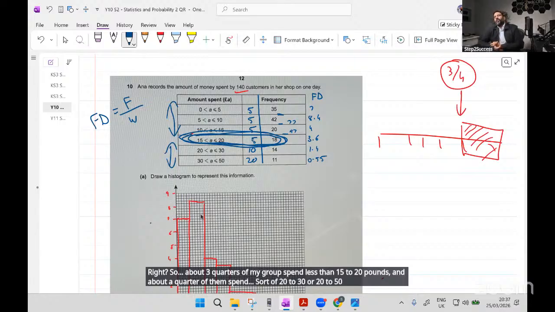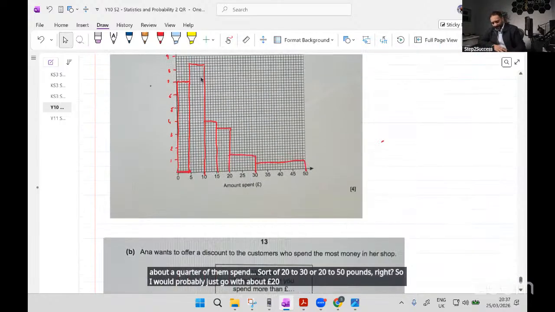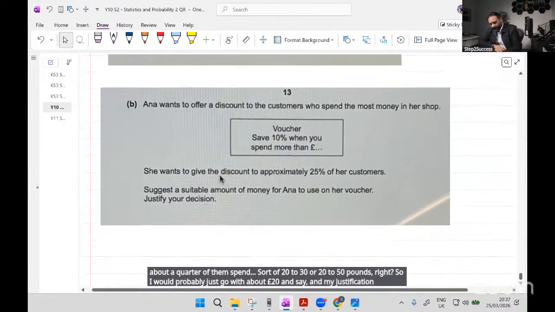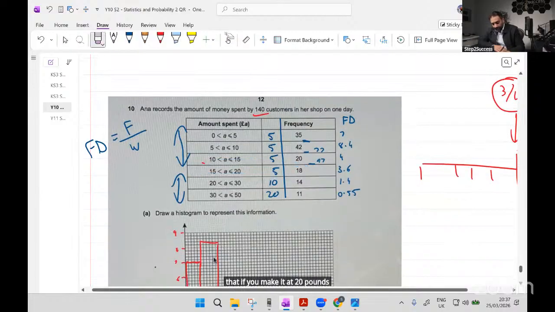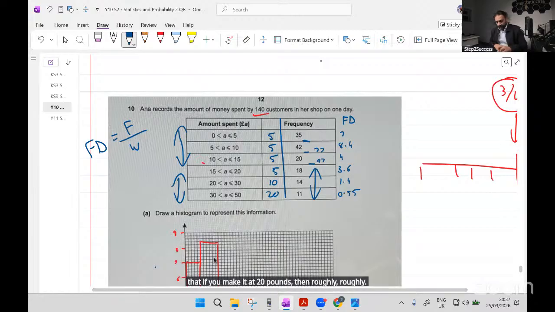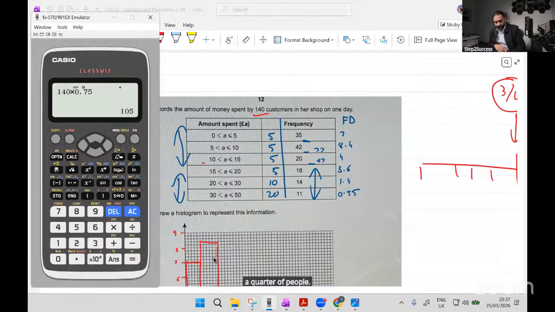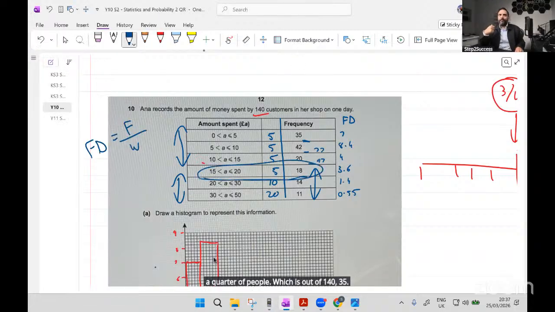So I would probably just go with about 20 pounds, and my justification would be that if you make it 20 pounds, then roughly a quarter of people, which out of 140 is 35, spend more than £20, basically. And about three quarters spend less.